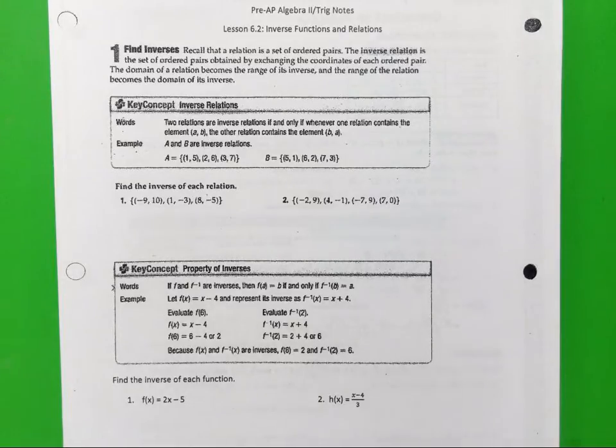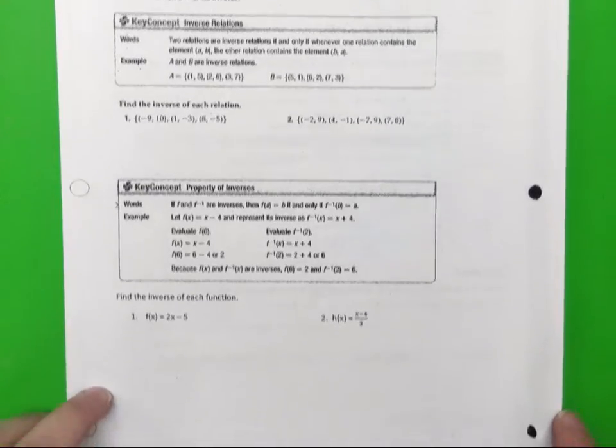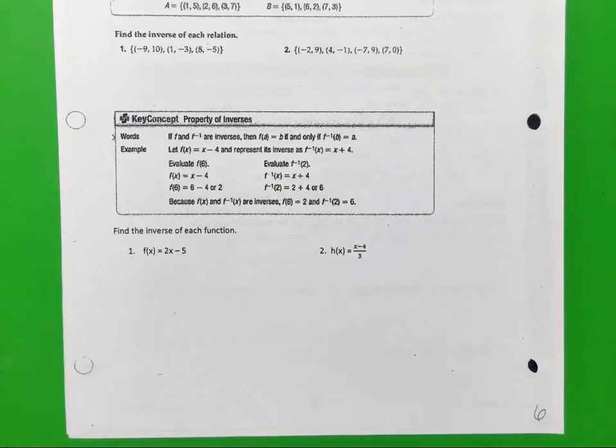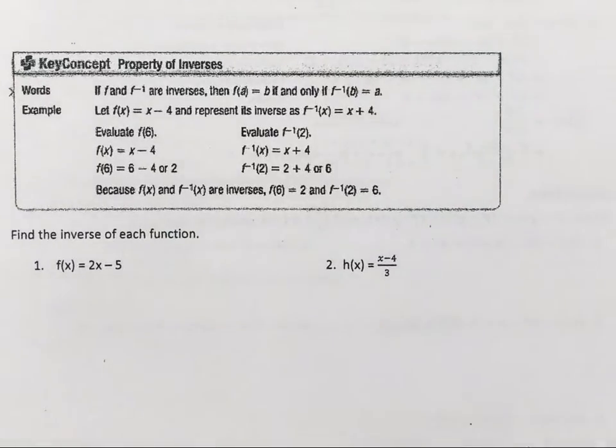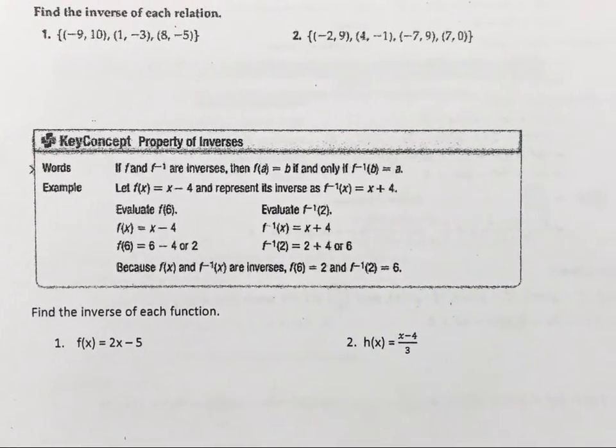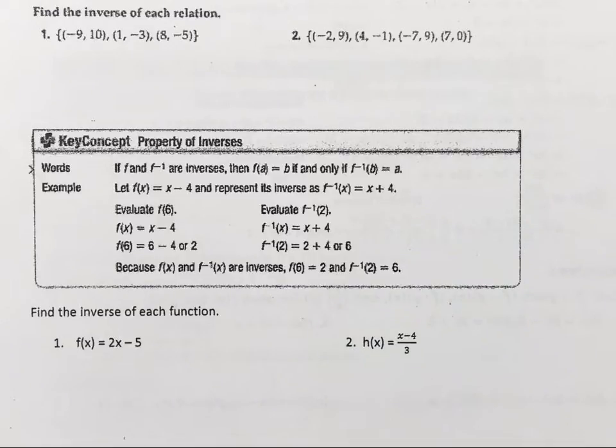If you had me for Algebra 1, we have done this particular 2 problems before. And actually 4 problems before. And if you didn't have me for Algebra 1 and you don't remember this, then we are about to go over it again. You should hopefully remember it from Algebra 1, but I know for some of us it has been a minute, especially if you had Algebra 1 in 8th grade.